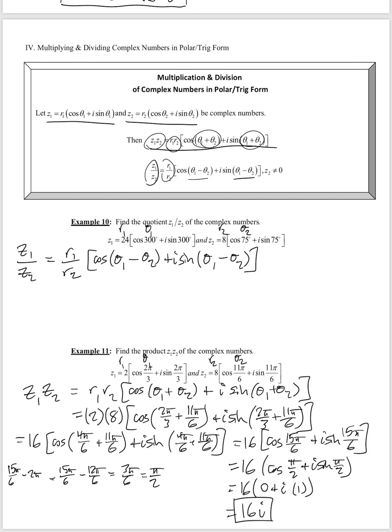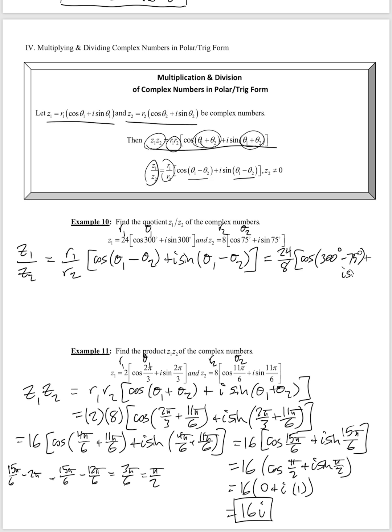So let's plug in our numbers. r1 is 24, r2 is 8. We have cosine of theta 1, which is 300 degrees. Notice we have degrees instead of radians this time. Minus theta 2, which is 75 degrees. And I'm running out of room.